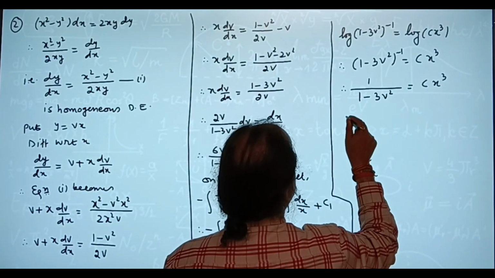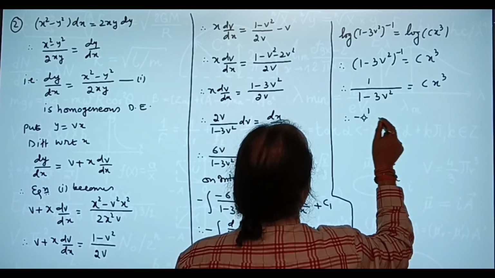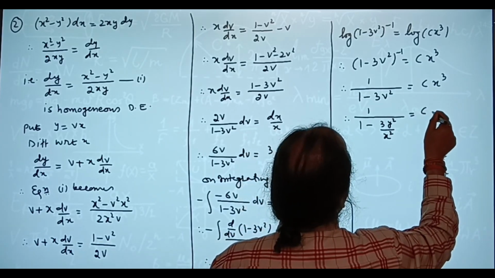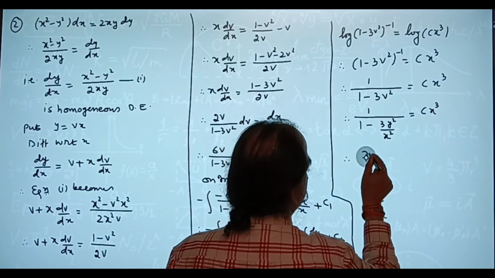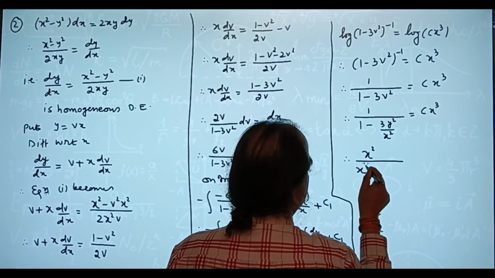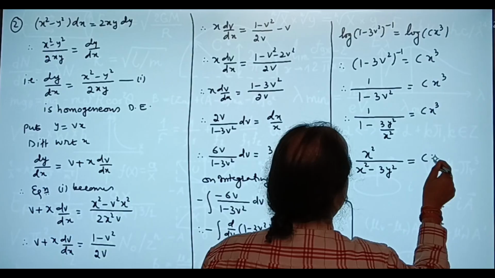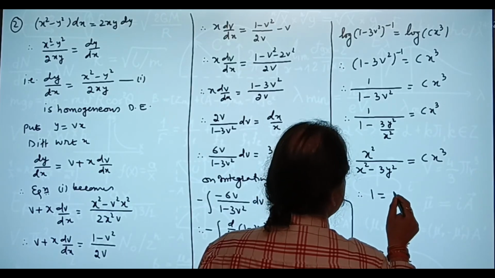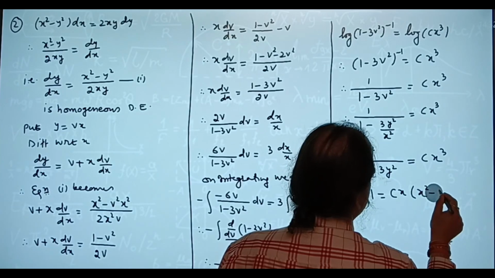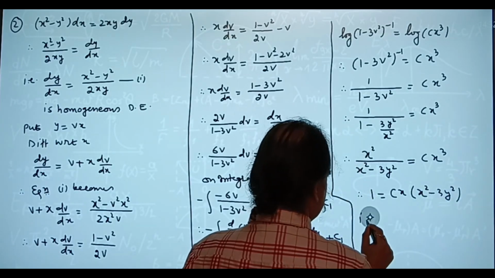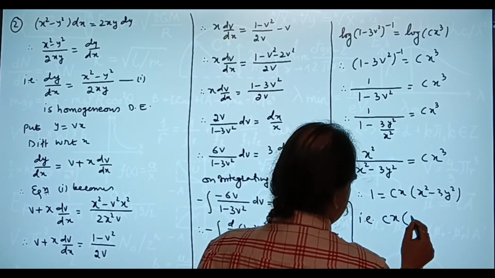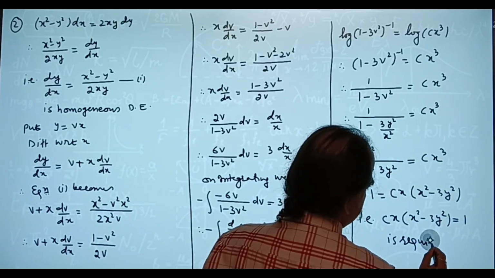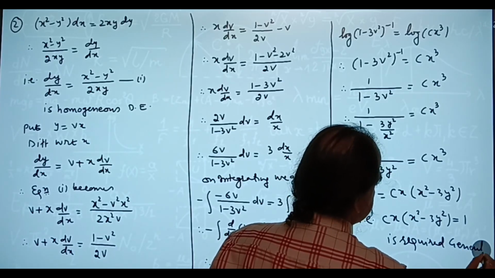So 1 minus 3y square by x square, LCM will go up. x cube by x square will get cancelled, so 1 is equal to cx into (x square minus 3y square). This is the required general solution.